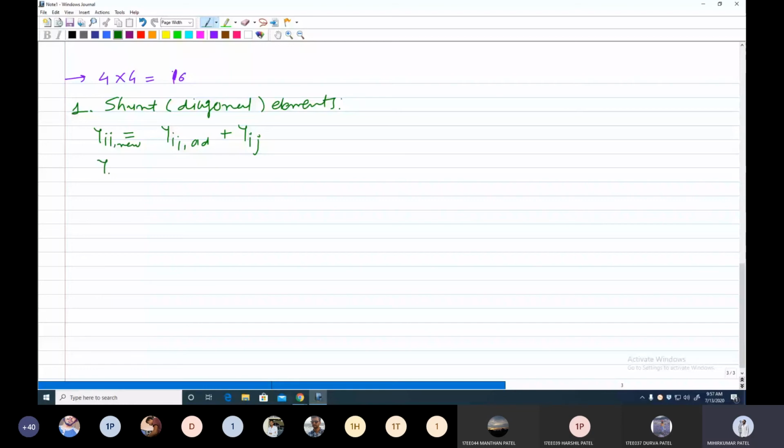Similarly, what is the value of Yjj new? It is Yjj old plus Yij. Same way for bus number n, what is the value of Ynn new? Just see the diagram.